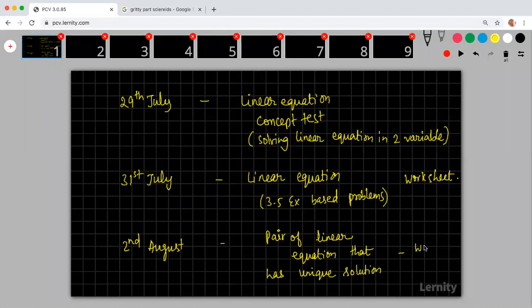This is also worksheet. Okay, so these are some of the modules which are available to you. So please take note of it. Okay, so are you done? Can we proceed?